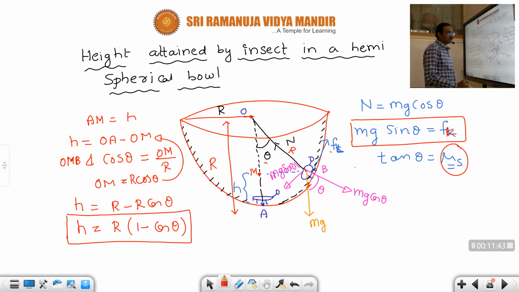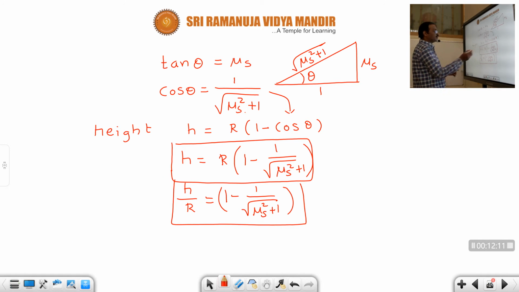Otherwise, you can say in another way: at a particular height h, the friction between the insect and the bowl and mg sin theta, which brings it back to the mean position A, cancel each other and it stays at rest at that position. So there h is equal to r of 1 minus cos theta, and then we get h is equal to r into 1 by root under mu square plus 1.